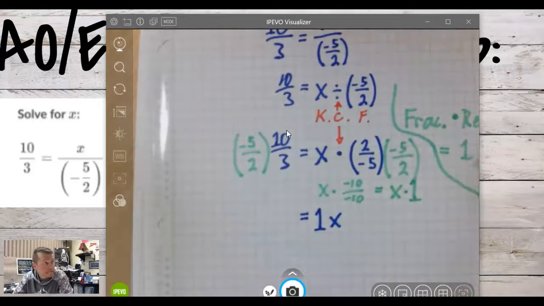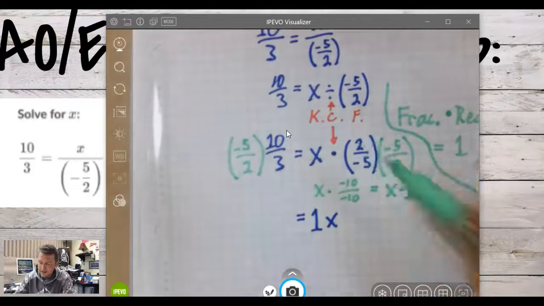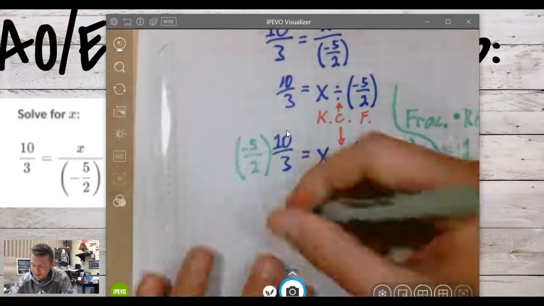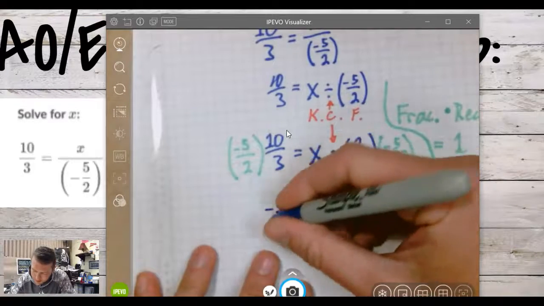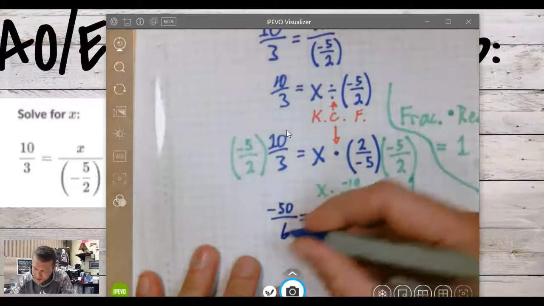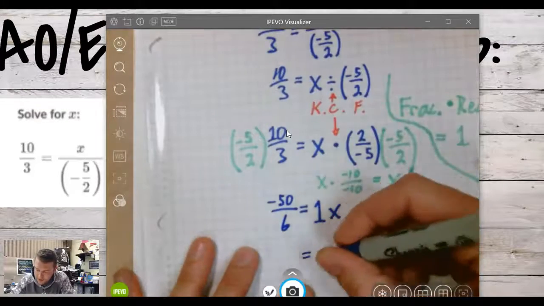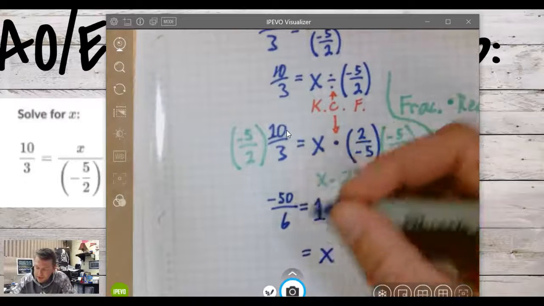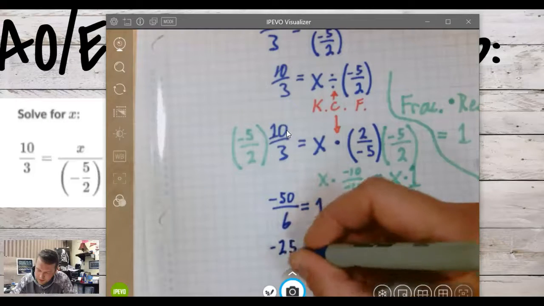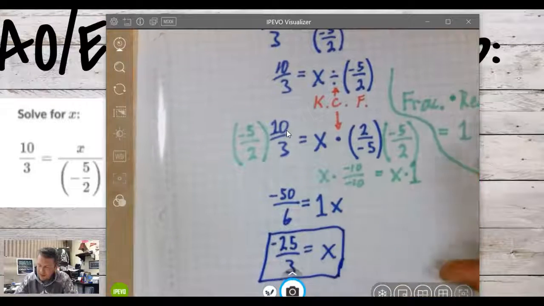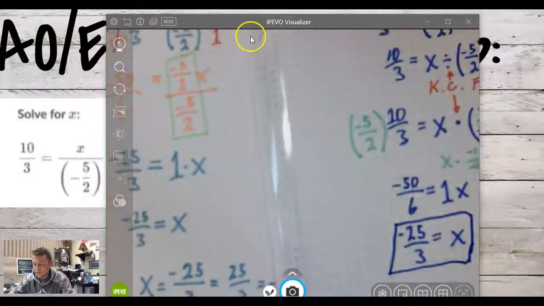Now over here on the left-hand side, we do have math that we need to do. So negative 5 multiplies by 10, negative 50, 2 multiplies by 3, we get 6. So we have negative 50 over 6. Both of these values are even, so we can divide them both by 2, negative 25 over 3, and that should be the same answer that we just had. Yep.